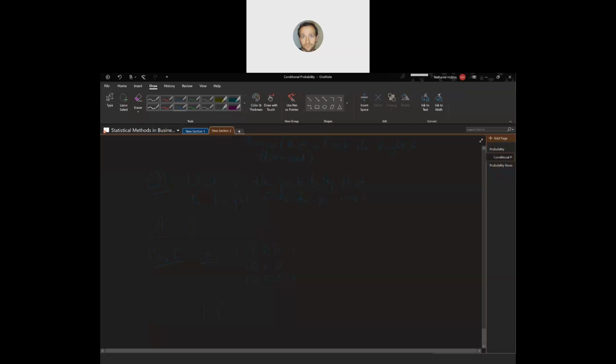Let's try to do this. If these are possible events, then what would the probability of one of them be?